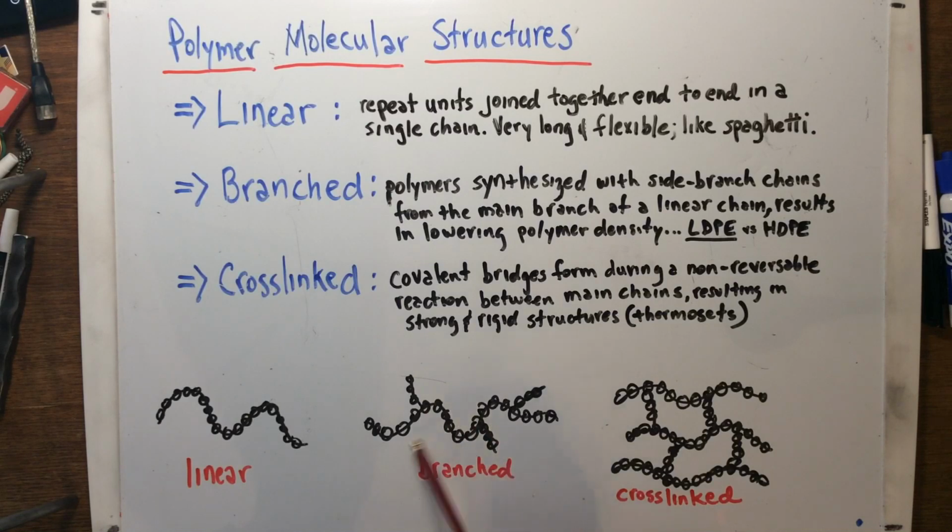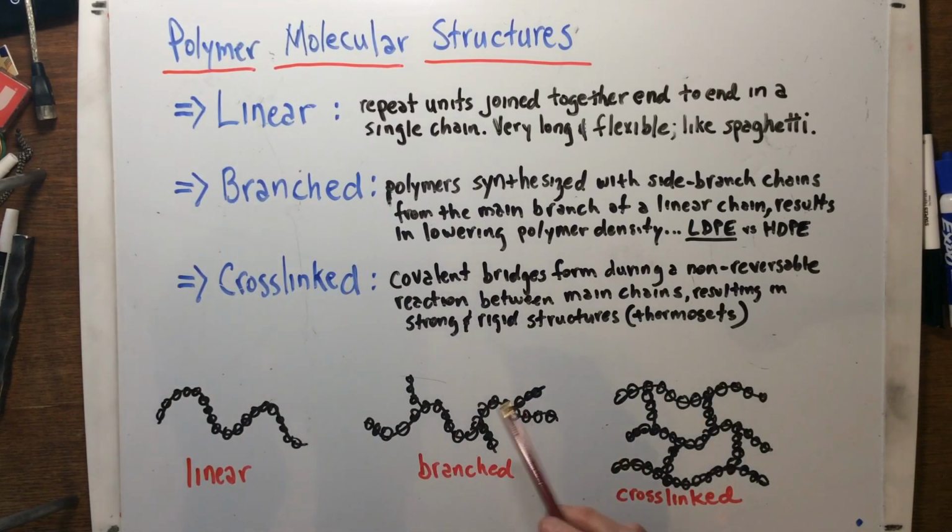You see that they come off of this main chain of a linear structure, but obviously it can't be compacted and packed as dense as the linear can, because of all these little side branches, kind of like tree limbs.